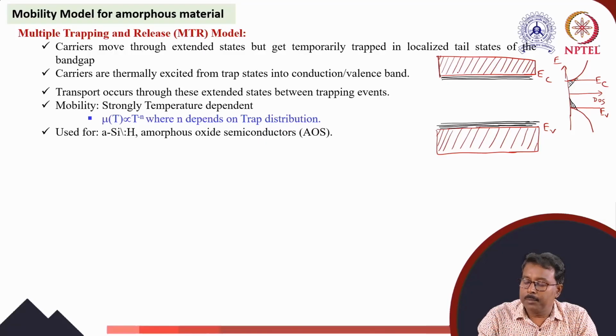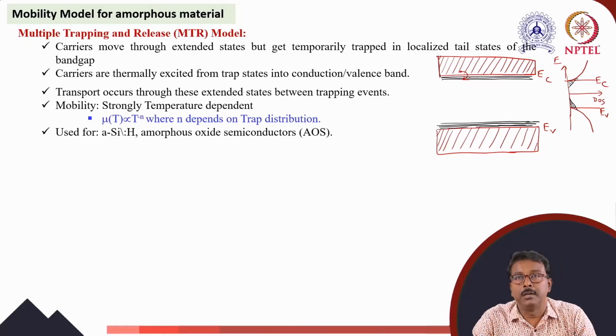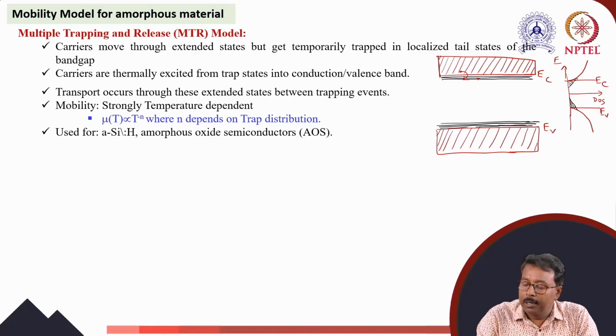Now carriers from the conduction band, say an electron, may be captured to this state, and again from this state they may be emitted and they may reach the conduction band. This process is called the carriers moving through the extended states.